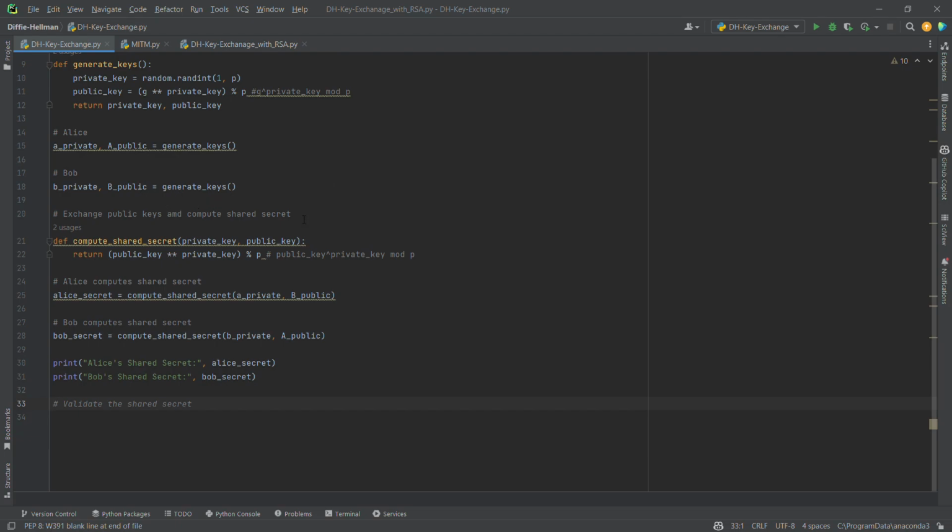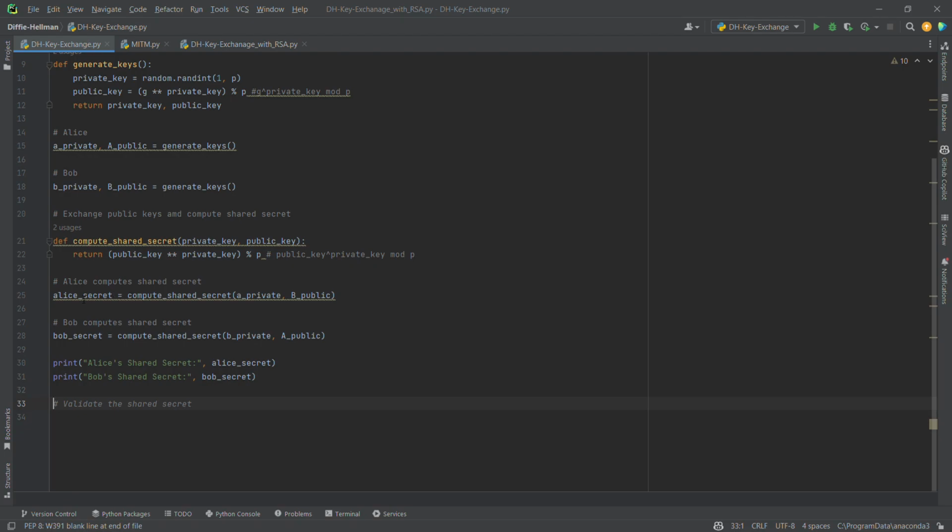So in this case also, they exchange their public keys to calculate the value called the shared secret. And the shared secret can be calculated by the public key to the power of the private key mod P.